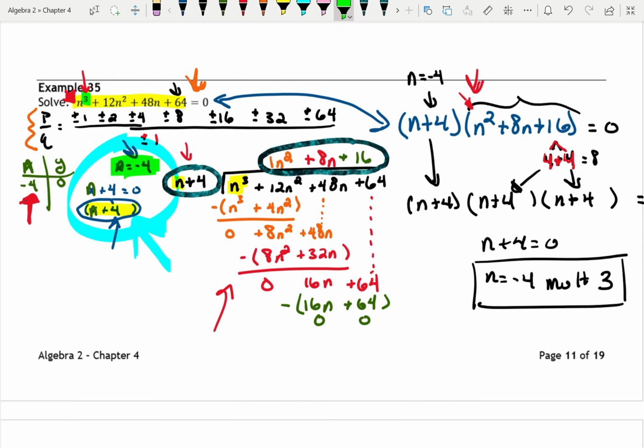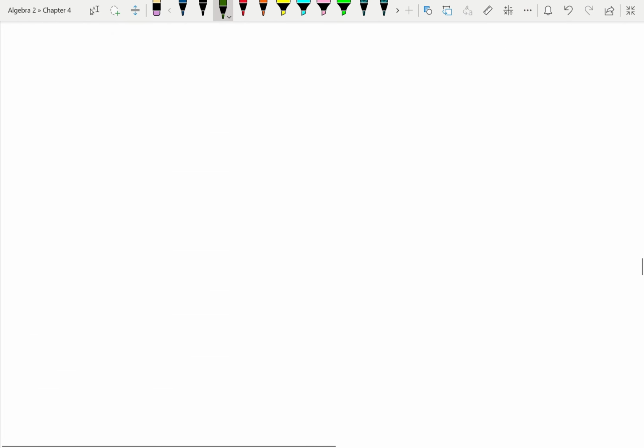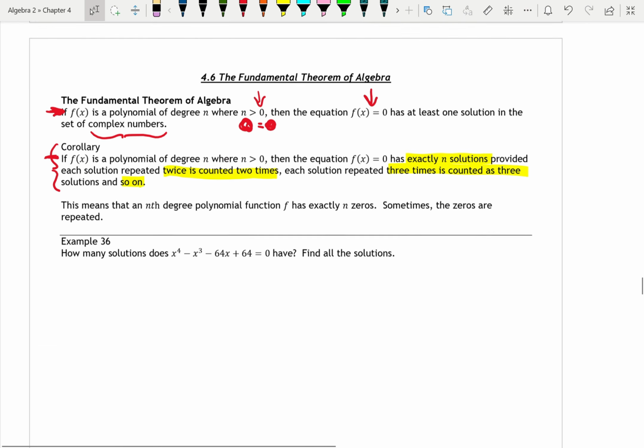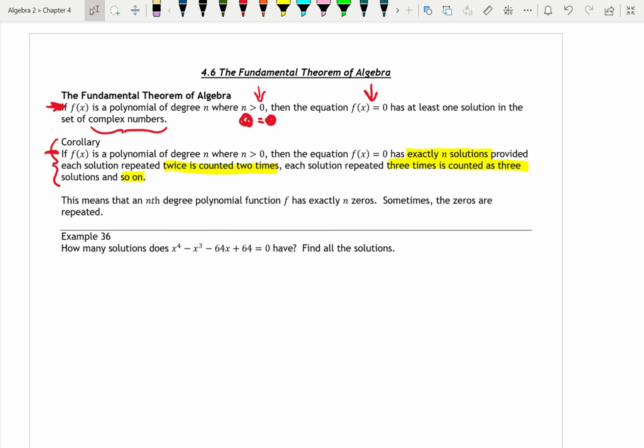We started off looking for 3 solutions because we had an n cubed. And then we ended up saying, well, we have a multiplicity of 3. That's us counting the solution 3 times, so it has 3 solutions. And in the future, we're really going to want to care about that multiplicity, because like we did in the last problems, we are searching for our ending.